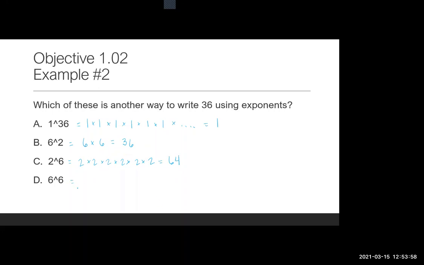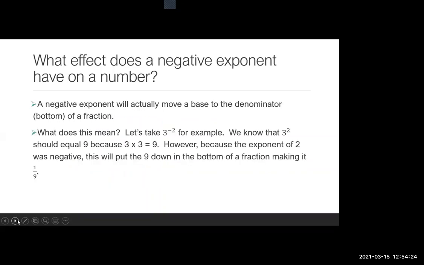And the last one means to write the 6 6 times and multiply. That's going to be a very large number, okay? And that's why we get B here. We would write it as 6 to the 2nd, which would be 6 times 6. So again, different ways to see this learning objective being asked.